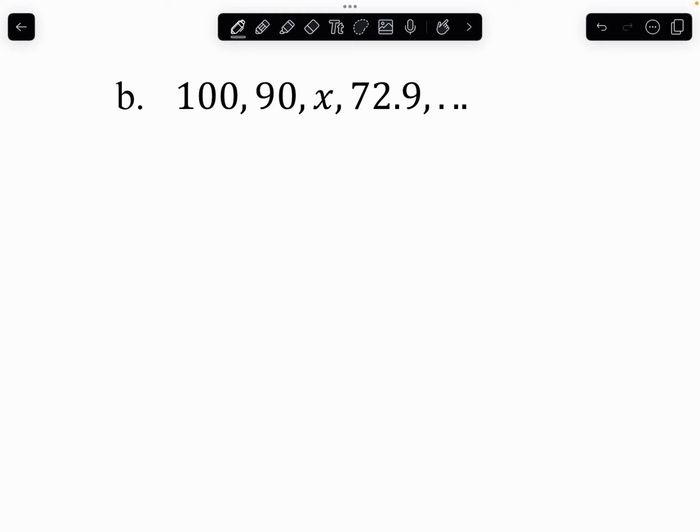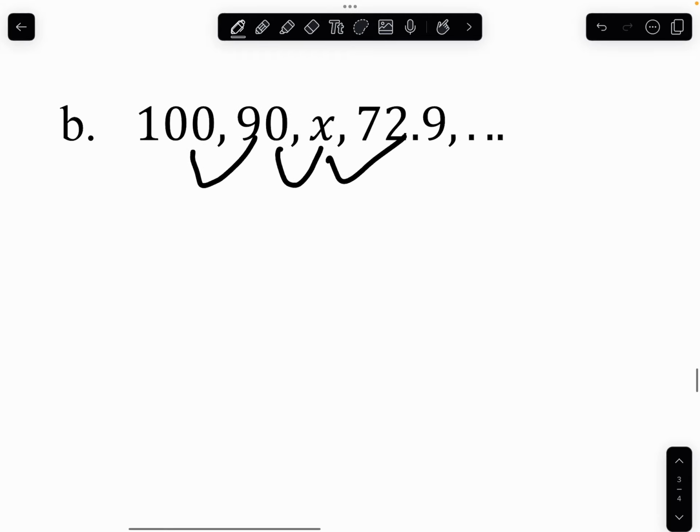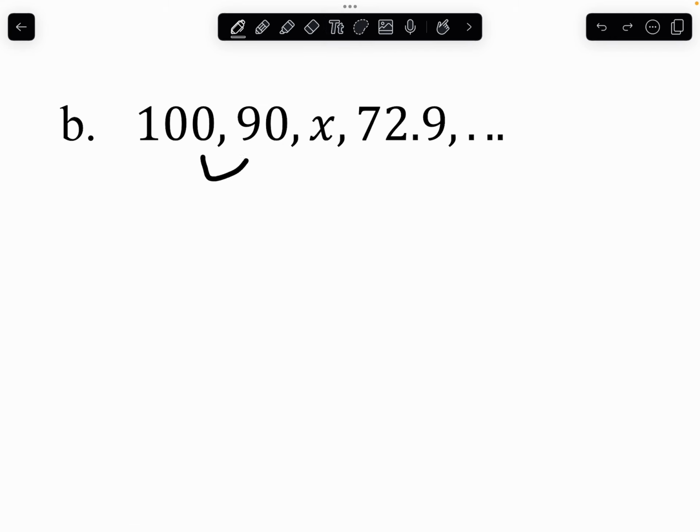Now for this one, it's getting increasingly smaller every time, so I know it's going to be geometric. So 100 to 90 it's losing 10.